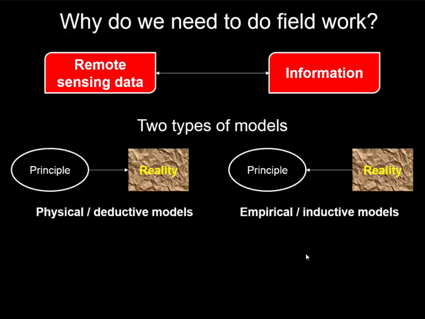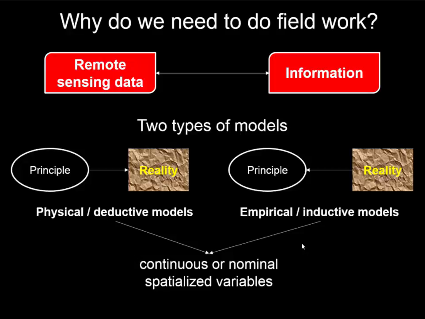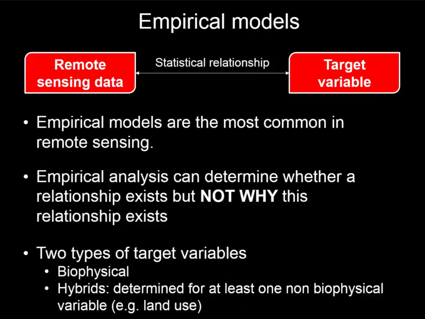So whatever the model you use, again, your objective is to convert the data collected by the sensor to continuous or nominal spatialized variables. And to do this, you will always need field data for calibration or for validation.